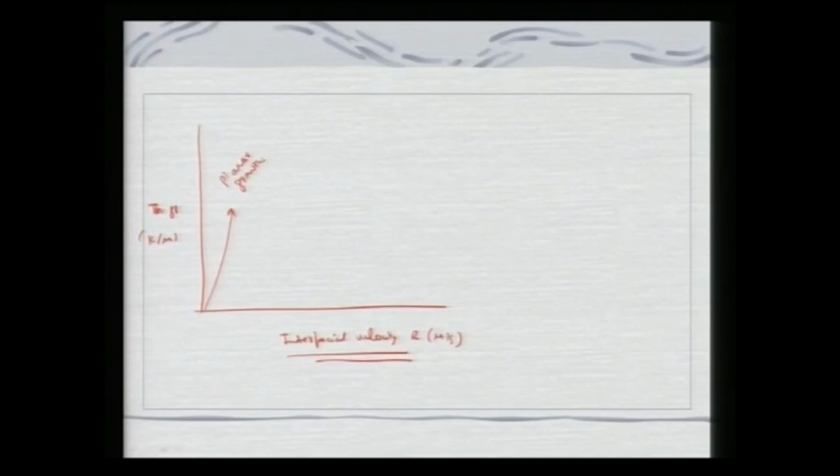In the other case, if I get very high interfacial velocities while keeping my thermal gradient very minimal, what I get is a dendritic structure.